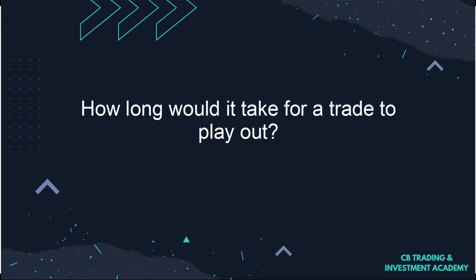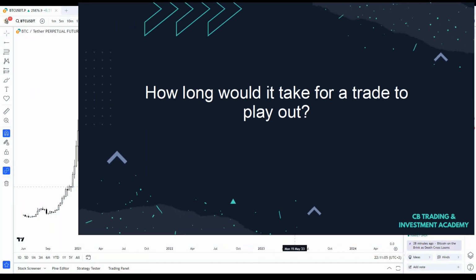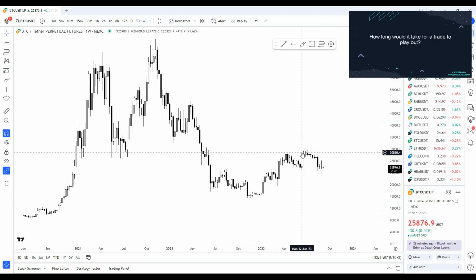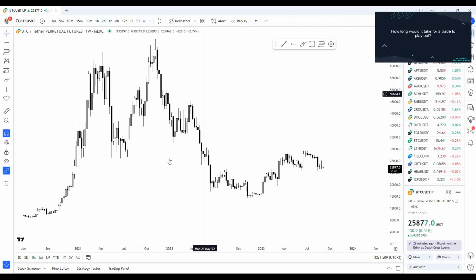You have two types of trading, or three types. You have the scalp trades, which are basically in and out trades. As we see here on your screen, this is the Bitcoin weekly chart.